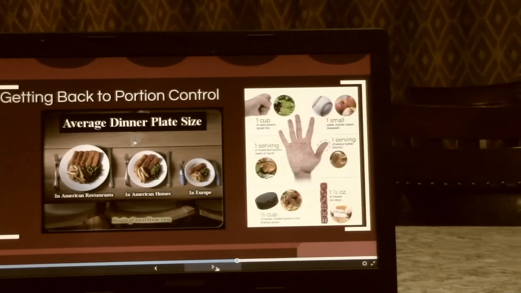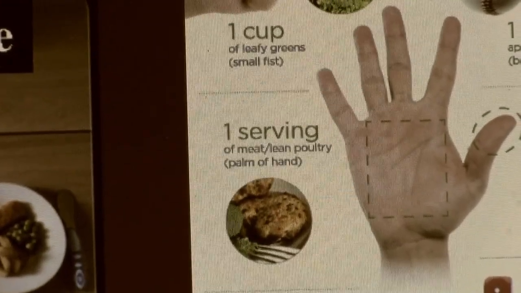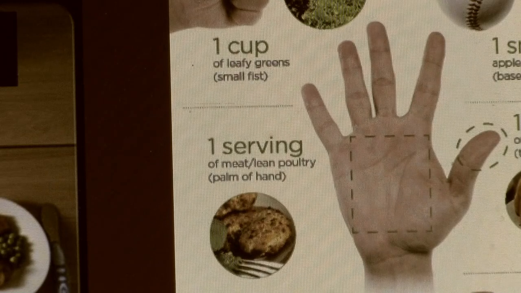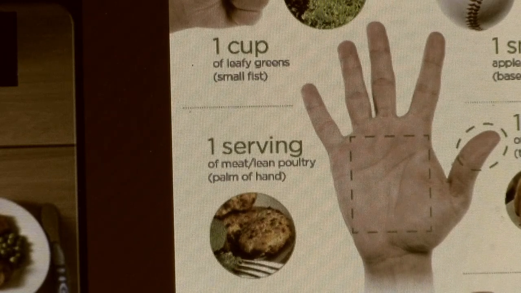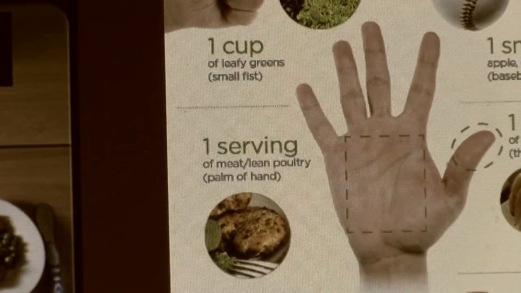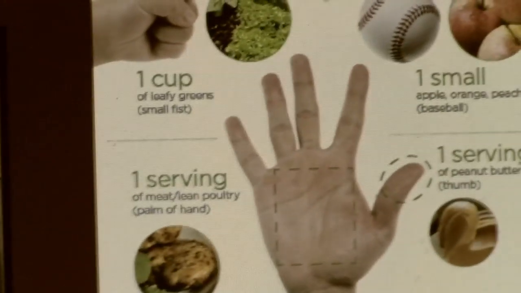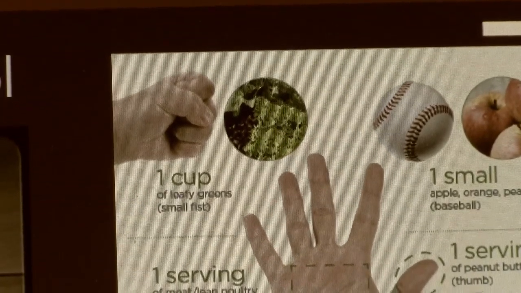On the right is another frame of reference that people can use to estimate portion sizes. So let me zoom in on this a minute. Looking at the palm of your hand, a 3-ounce serving of meat, poultry, something like that, would fit in the palm of your hand. That's a pretty small portion. You're not going to find that in a restaurant to be that small, but that's what normal, quote unquote, is supposed to be. And then a fist estimates a cupful of, say, a vegetable or something like that.